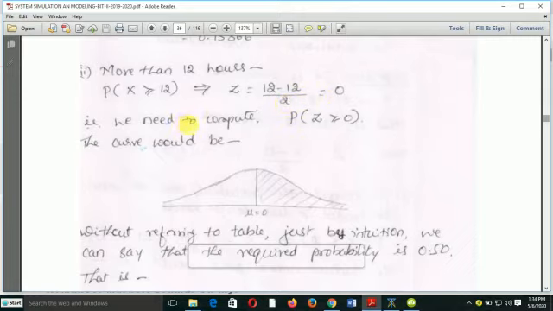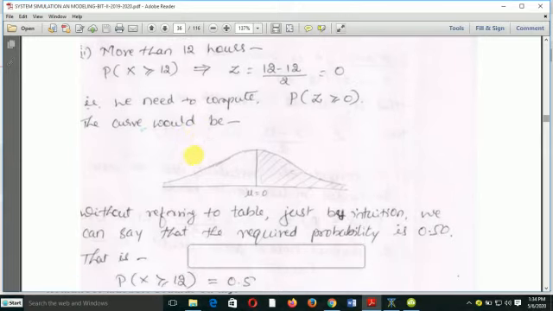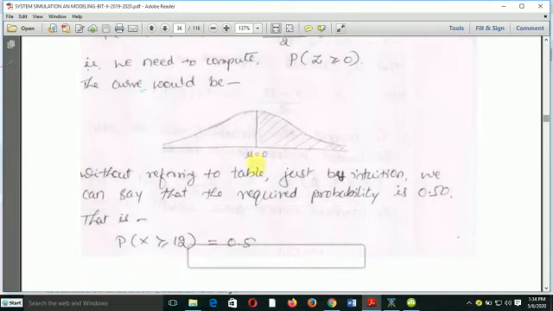So we need to compute the probability when z is greater than or equal to 0. So the curve will be in the half, it means when the mean is equal to 0. So this is in the half. So we don't need to refer to the standard normal distribution.